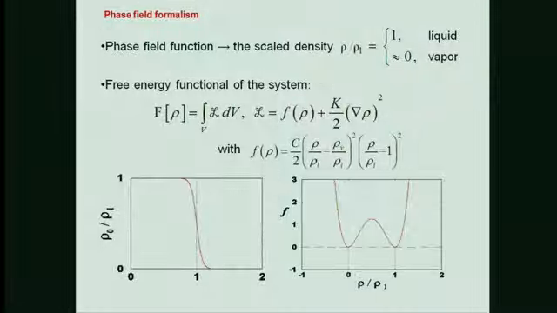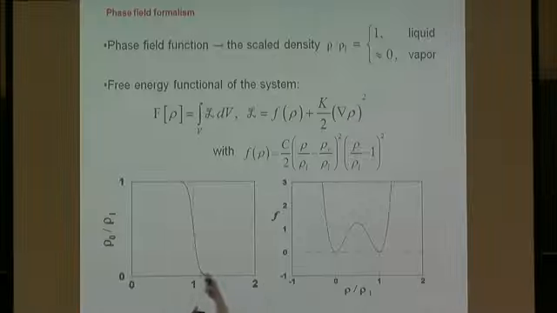So we have here the liquid, here we have the vapor, and here we have a diffuse interface. In this case, supplementary terms have to appear in the classical Navier-Stokes equation, and this can be derived starting from the free energy functional of the system and using the Lagrangian formalism.